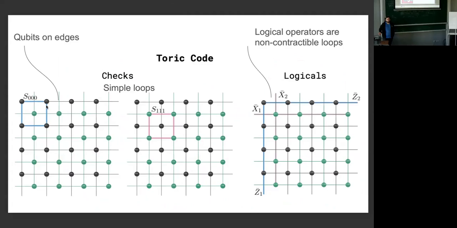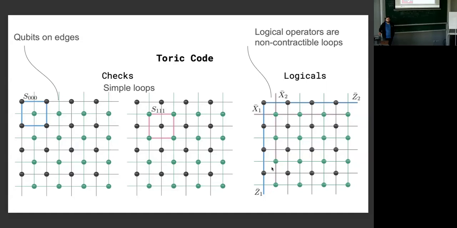So we randomly put X, Z, Y or identity on each qubit. We can think about this process as drawing some string. Then what information can we preserve with this lattice? We can say, okay, let our logical state be the presence of some non-contractible loop.